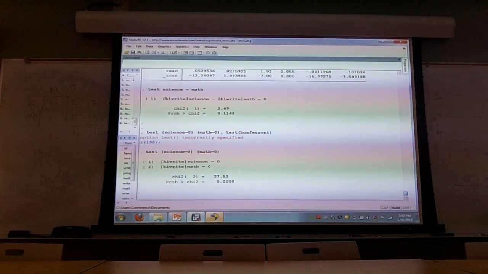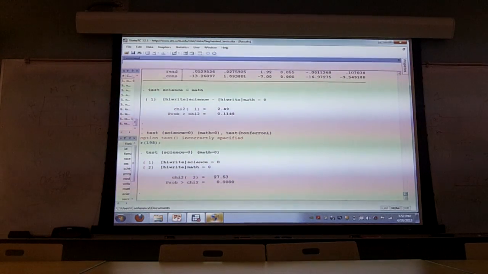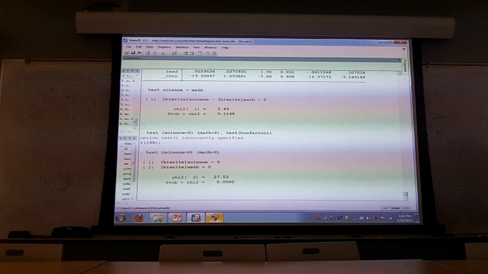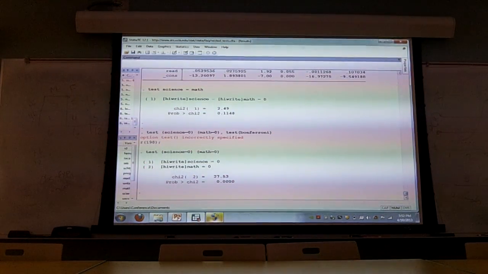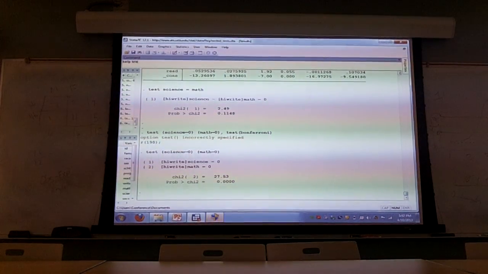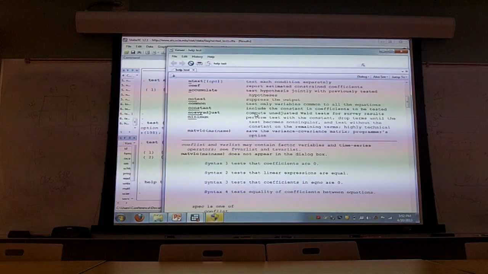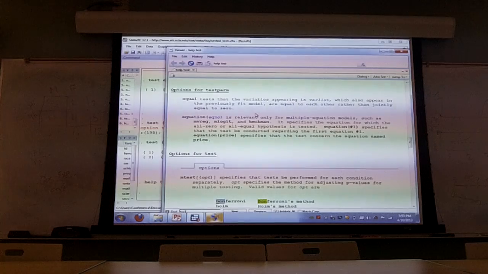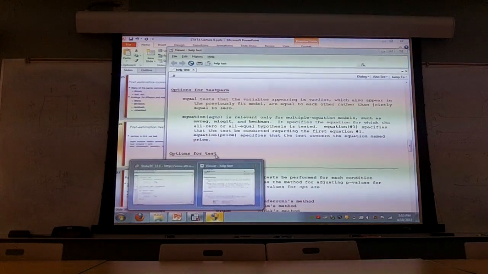The other thing we can do is test whether they are jointly zero. Are they both together zero? Now, it used to be that you could use a Bonferroni here. They changed the syntax.